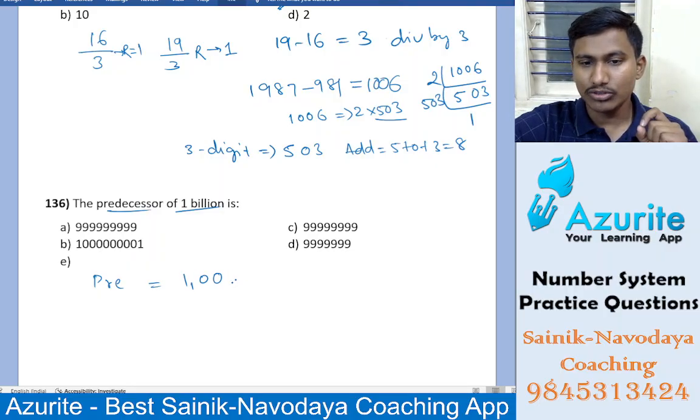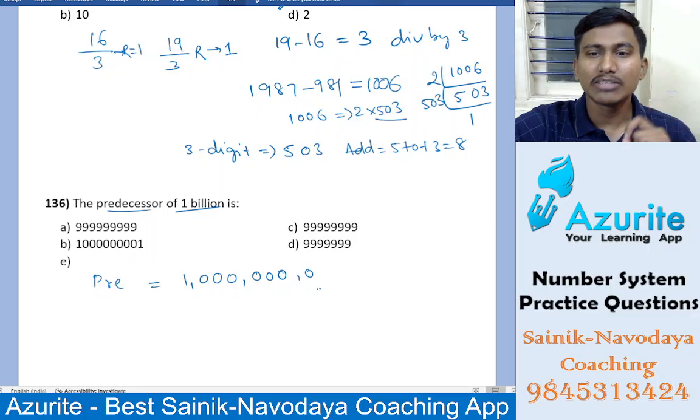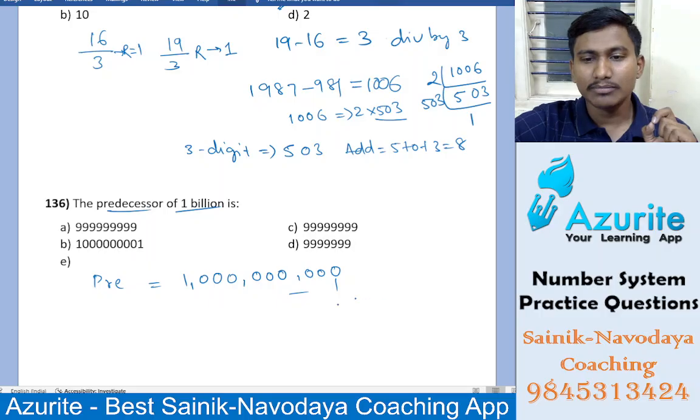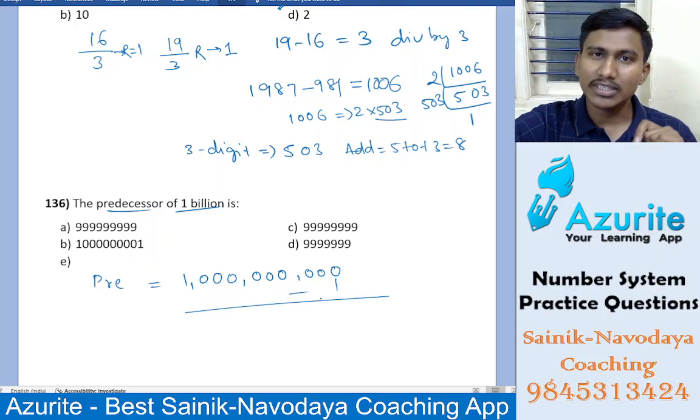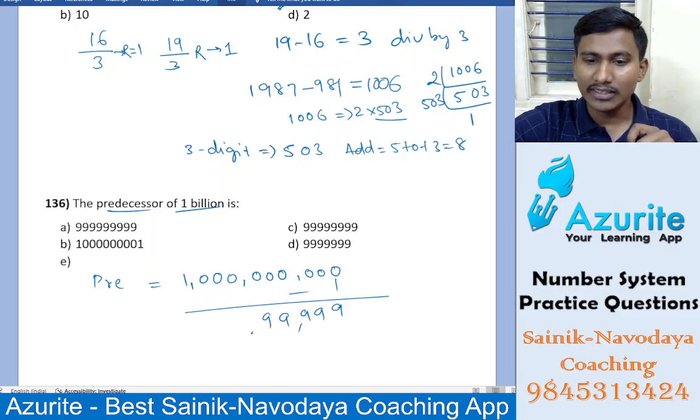So if you subtract 1 from that, there are a total of 10 digits in 1 billion, so we get 9 digits, that is 9 repeated 9 times.